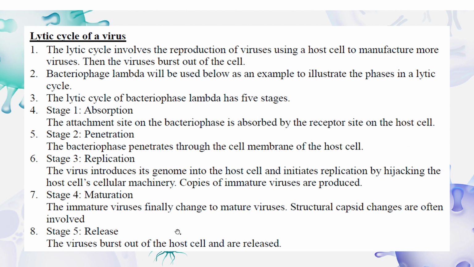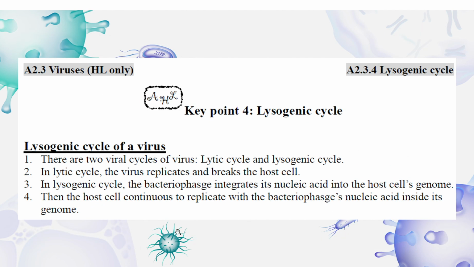Compared with it, there's another cycle for viruses, the lysogenic cycle. The same virus combines with the host cell, but this time not just hijacking it; it lets the host cell survive.